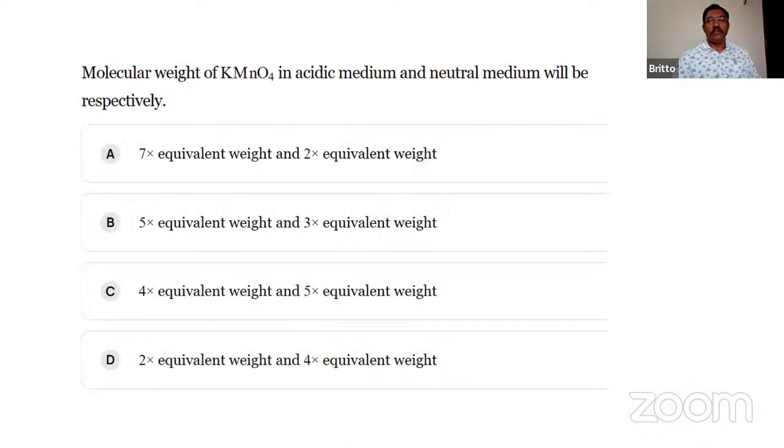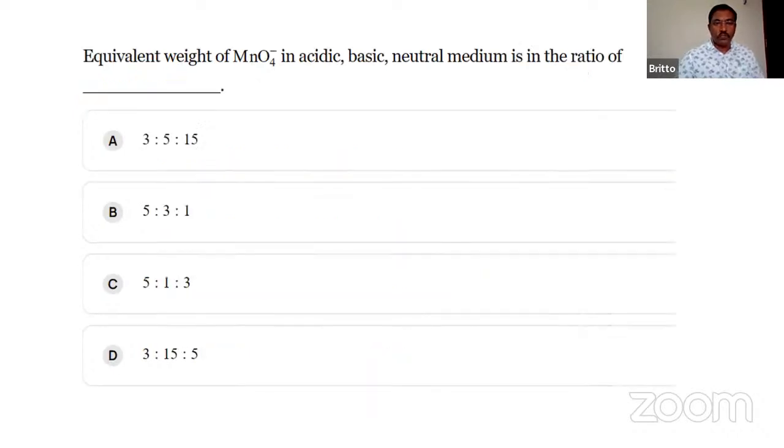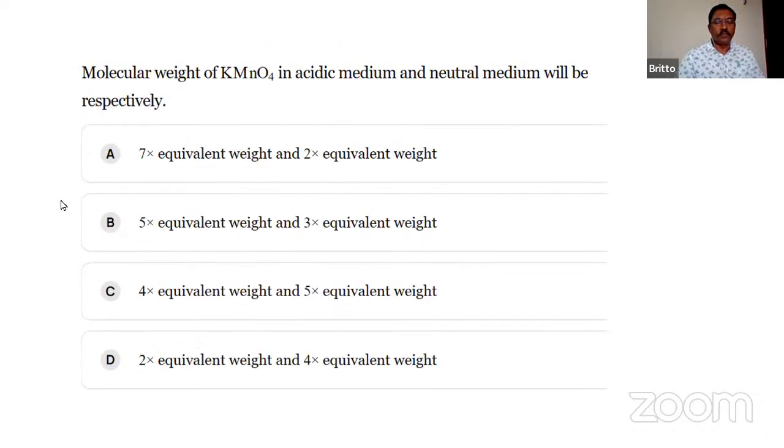So here they have asked about acidic and neutral medium. In acidic medium it should be 5 times equivalent weight, in neutral medium 3 times equivalent weight. So the correct answer is option B here, 5 times equivalent weight in acid medium and 3 times equivalent weight in neutral medium.